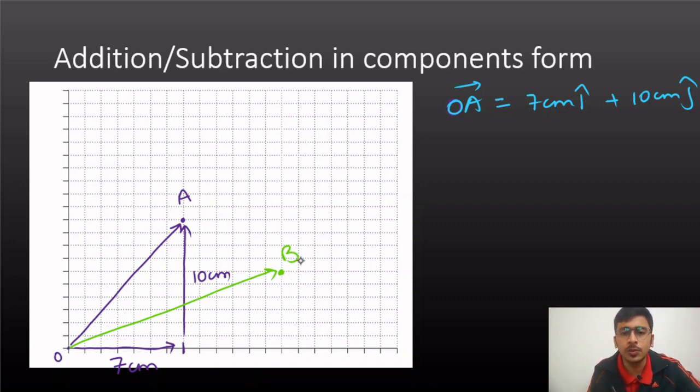So can you guess what OB vector can be written as in component form? Well, we can write 7, 8, 9, 10, 11, 12, 13. We can write OB vector as 13 centimeters in I cap and 1, 2, 3, 4, 5, 6, 7. Correct? Is it 7? 1, 2, 3, 4, 5, 6. Sorry, 6. 6 centimeters in j cap.